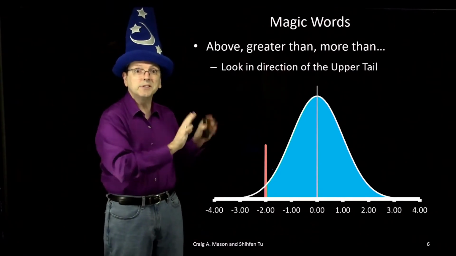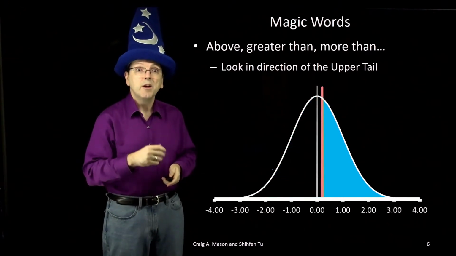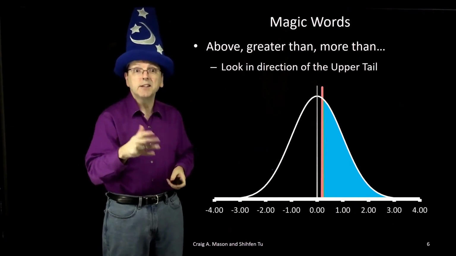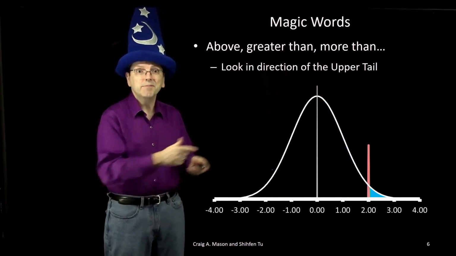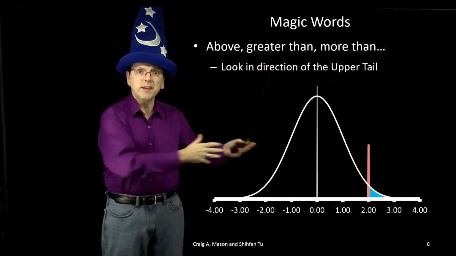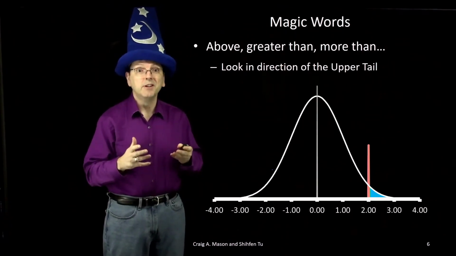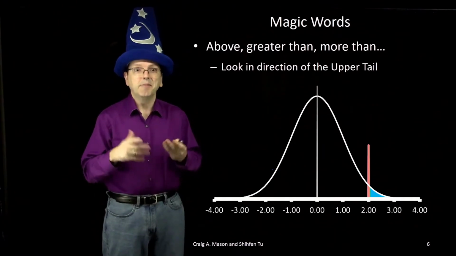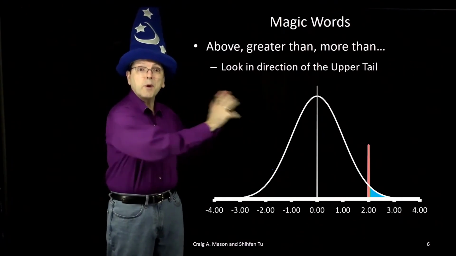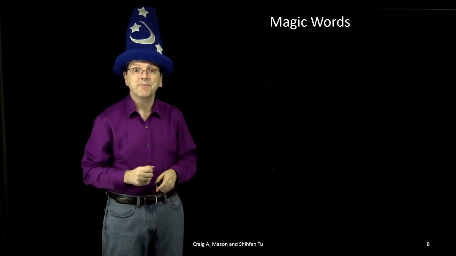Again, whether it's all of that blue area for a z of -2, or all of that blue area if it's a z of positive 0.2, or just that area for a z of positive 2. The area is equal to the proportion of people, or whatever you're studying, maybe rhinos or grasshoppers, that are above, greater than, more than that z-score, all right?